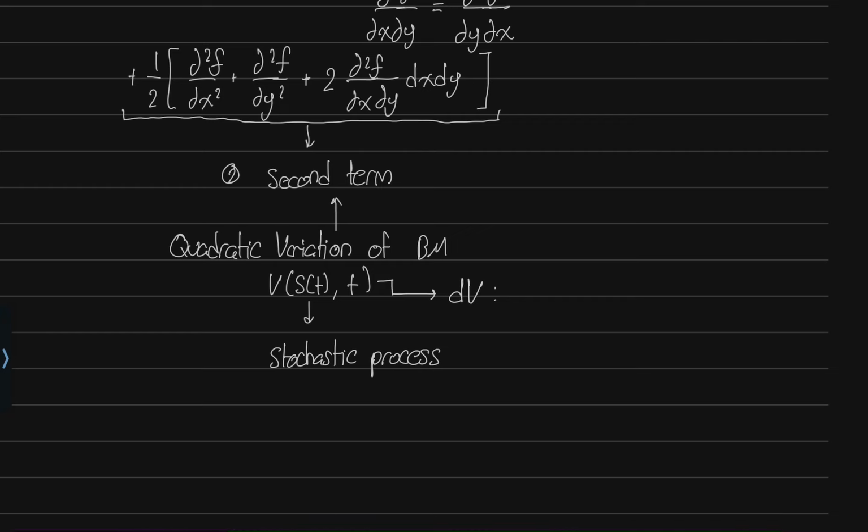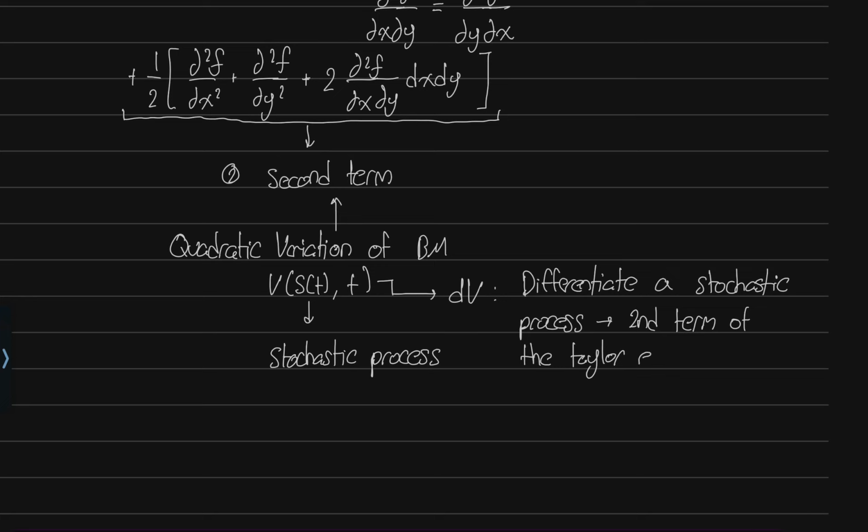So essentially what we're doing is we want to differentiate a stochastic process, and this is when the second term of the Taylor expansion is necessary.